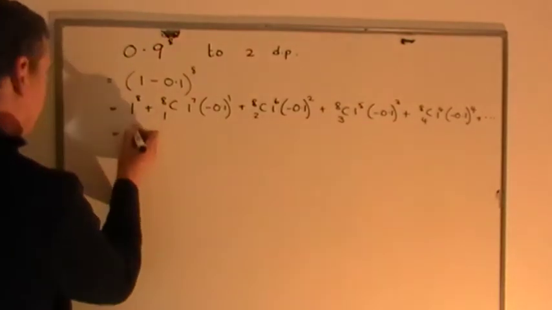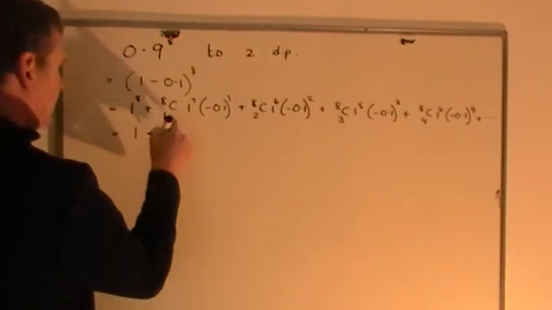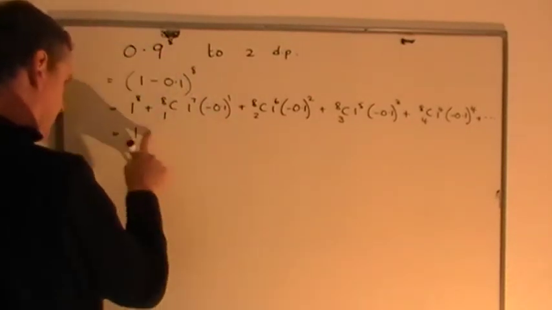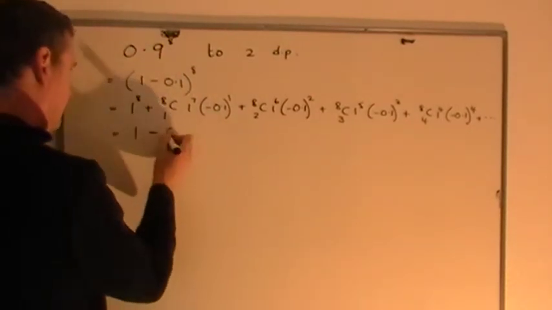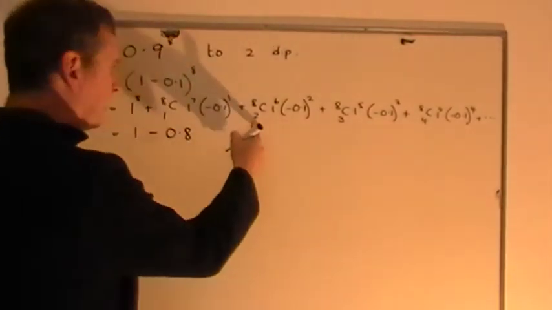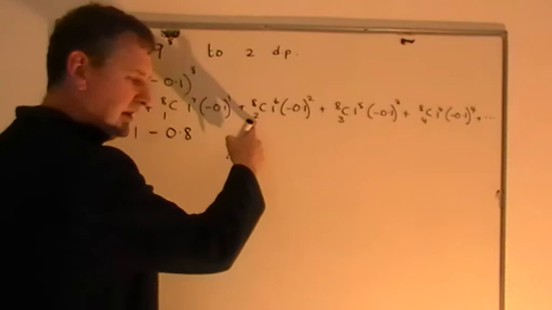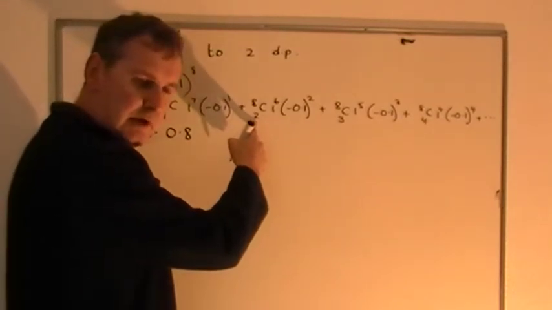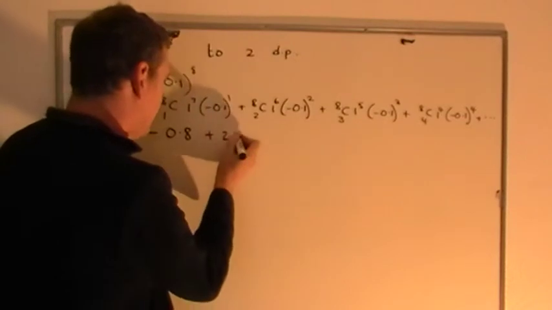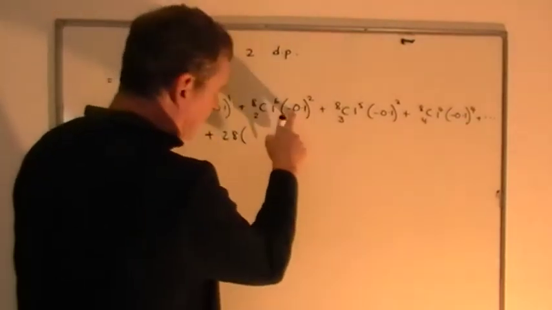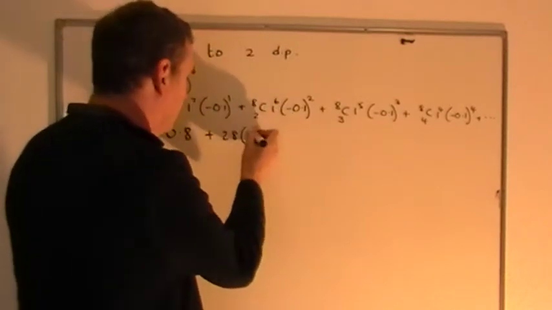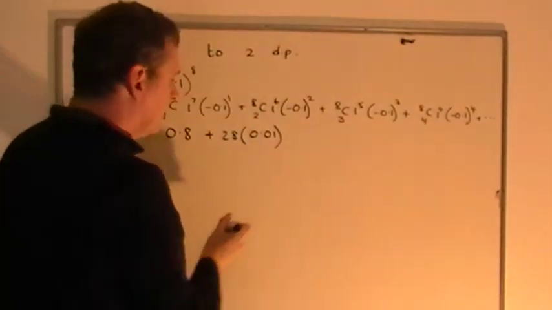So here we go. This is 1 plus, that's 8 times 1 times minus 0.1. So okay, I'll get rid of the plus, it's actually going to be a minus 0.8. And then we've got 8 choose 2. Well, 8 choose 2 is 8 by 7 over 2 by 1, that's 56 over 2, that's 28. So I've got plus 28 times, and if I square that, be careful, it's a minus, you square it, you get a plus 0.01.